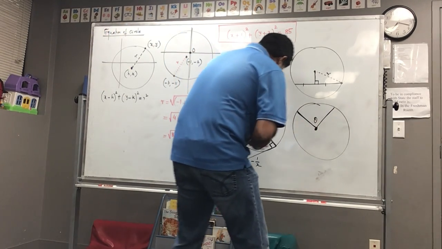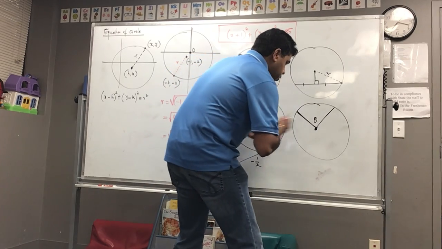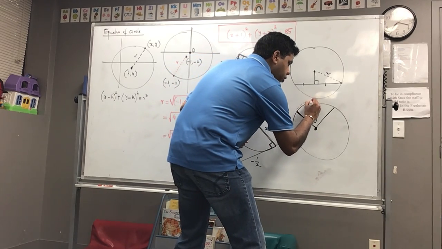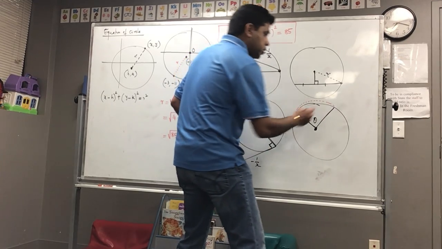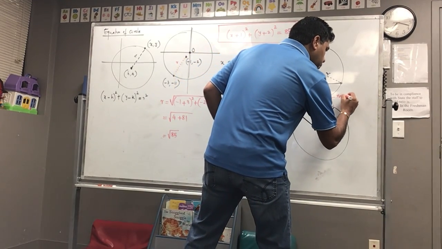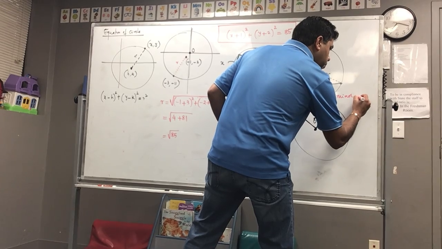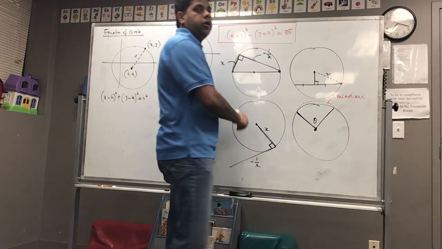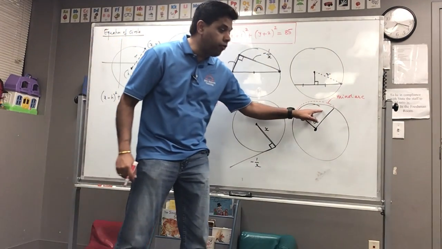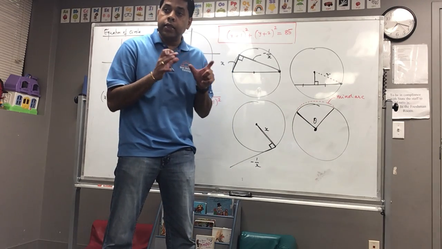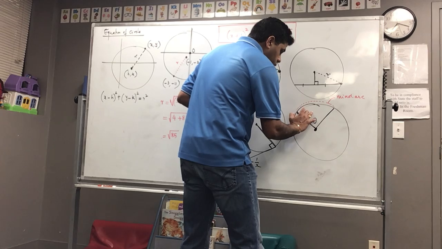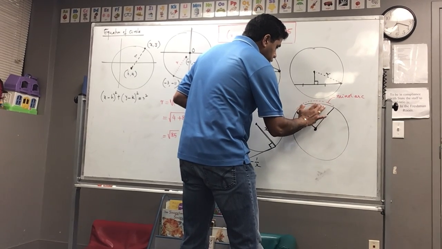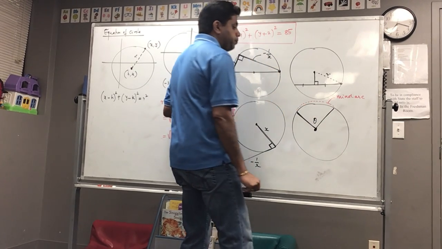And the arc it forms, this arc, is called the minor arc. Well, sector is the area, of course, right? So the sector is the area, but this angle is the central angle and this arc is called the minor arc.